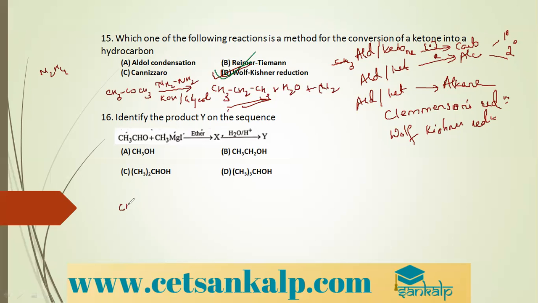They have said CH3CHO is treated with CH3MgI, a very typical compound called Grignard's reagent, which is stable in ether solvent.